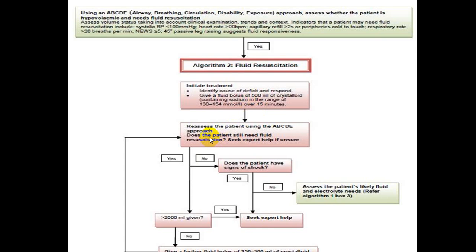Now suppose the person is not stabilized and has not shown any improvement, he will still need fluid. Again you can go for further volume, and if he improves, then you can start IV fluids and identify the etiology.